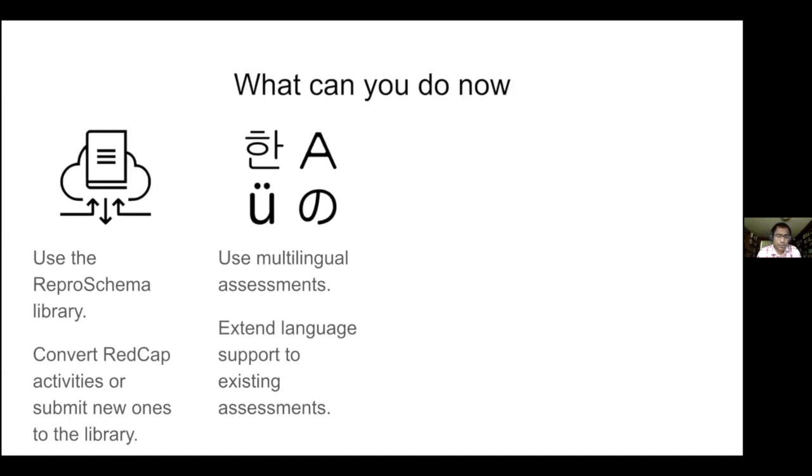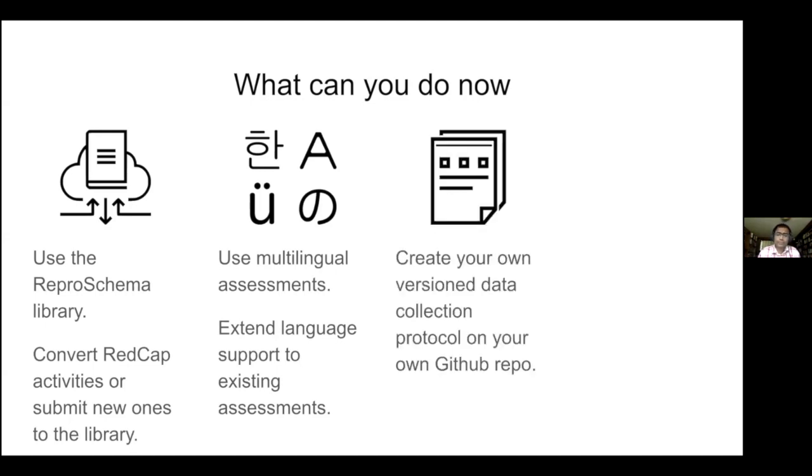So not only can you use existing multilingual assessments, but we are not experts in every language on the planet. We welcome people to extend language support to existing assessments. So if you're looking to use the patient health questionnaire in a country for which we don't have a linguistic representation, you can include that quite easily by augmenting the schema that we have.